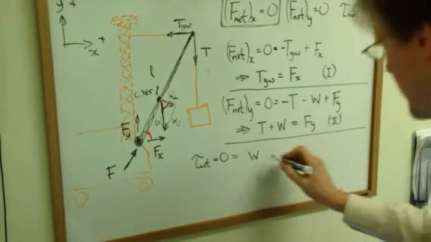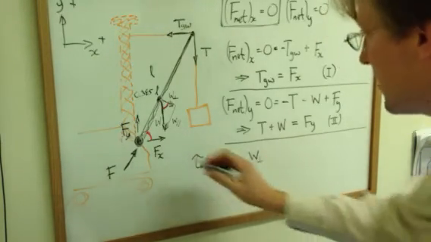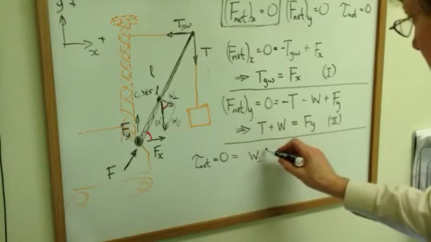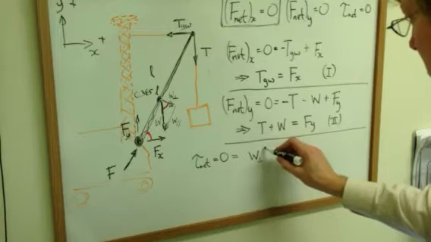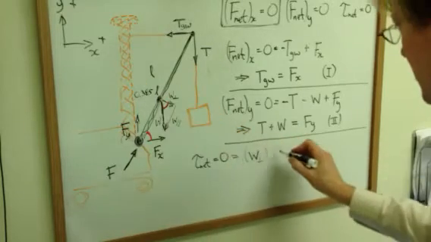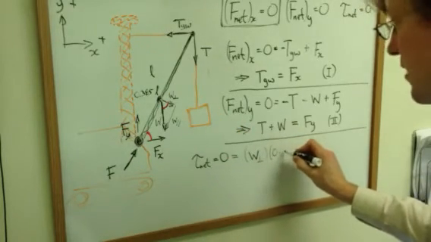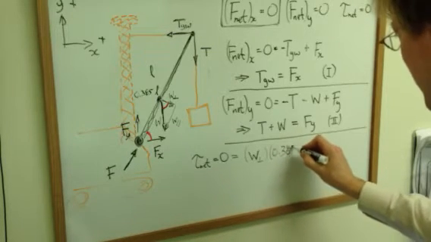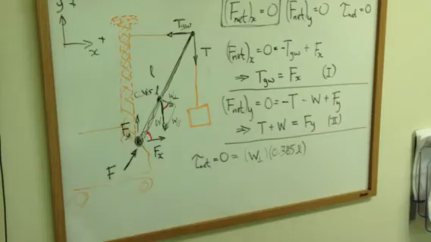So it's the weight perpendicular times the length, and the lever arm is equal to not the full length of the boom, but 0.385 of the length of the boom.